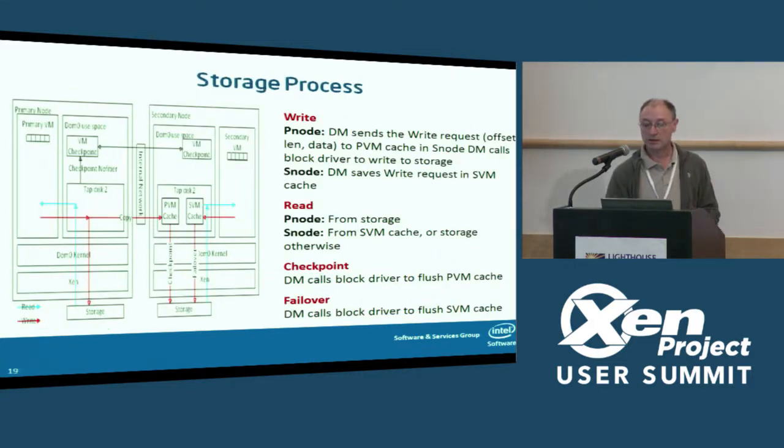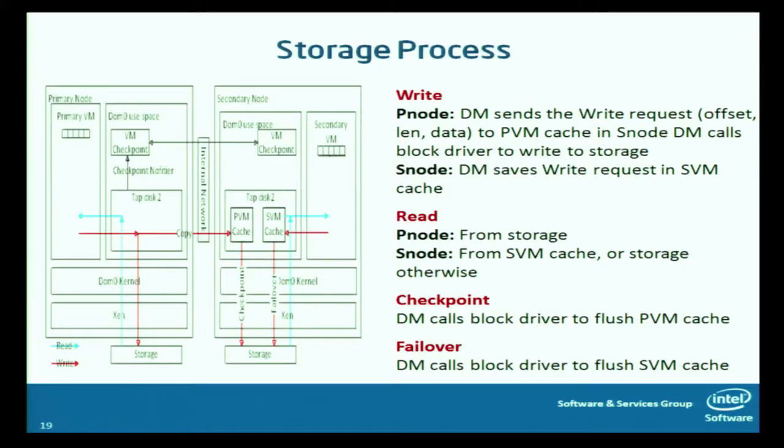Then, in the way the storage works, storage is also a kind of a problem here, because at a failover, we don't want to try to back out anything that's on the disk of the target machine. So the writes from the primary machine go both to the primary machine's disk as well as to a cache that's stored on the secondary machine. And then when it does a read, it just reads off of its disk.